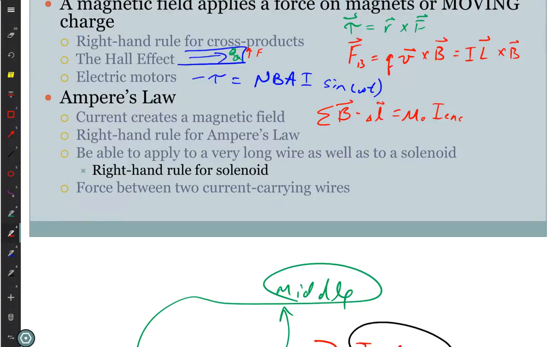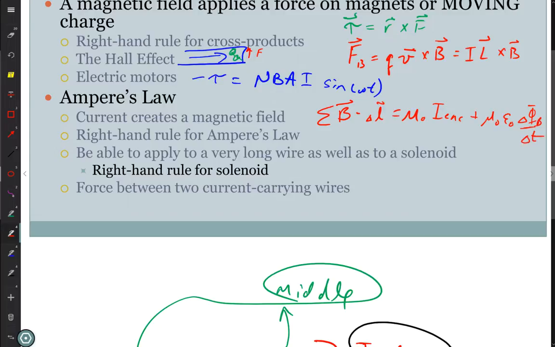Well, if you have the second one, it includes the first one. So you'll probably have it plus mu naught epsilon naught times the change in electric flux over change in time, I think it was. I don't have this perfectly memorized, but I think that's right. So that's Ampere's law.